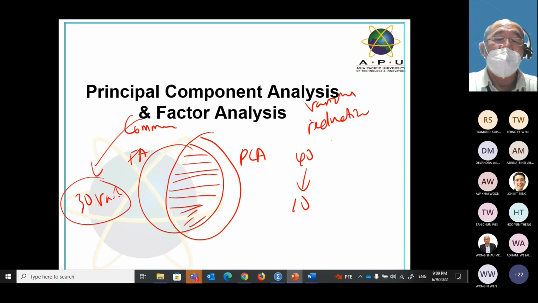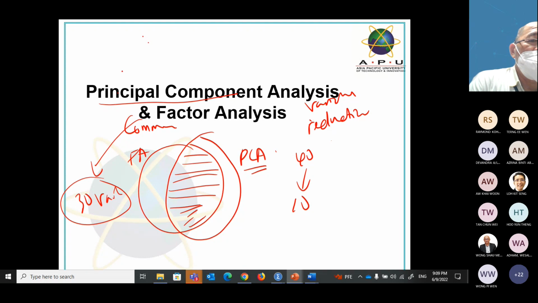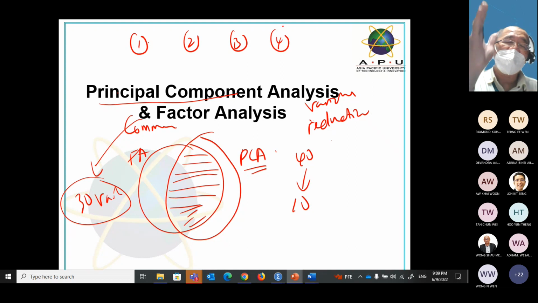For principal component analysis, we try to find which are important and which are not too important. Principal component means the important component, which means we are going to do some ranking: the first important component, second, third. Therefore, the first 4 are important, the rest not important. That's the principal component analysis.